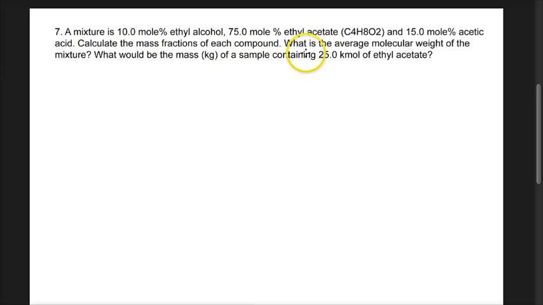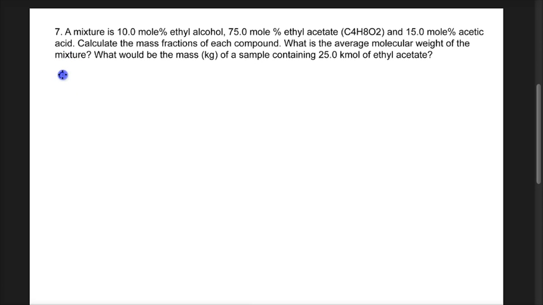The second one is to find out the average molecular weight of the mixture, and the last one is what would be the mass of a sample containing 25 kilomole of ethyl acetate. So it gives us the amount of ethyl acetate, and it wants us to find what is the mass of the total mixture. So let's do the first and second part first.